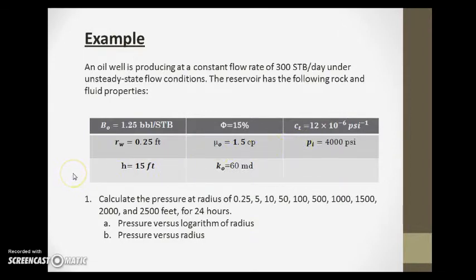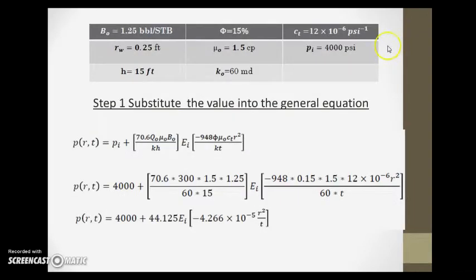So now the question is asking us to calculate the pressure at different radii for 24 hours, and then plot the graph of pressure versus logarithm of radius, as well as the graph of pressure versus radius. In order to solve the question, the first step we have to do is substitute all the values given into the general equation of pressure.